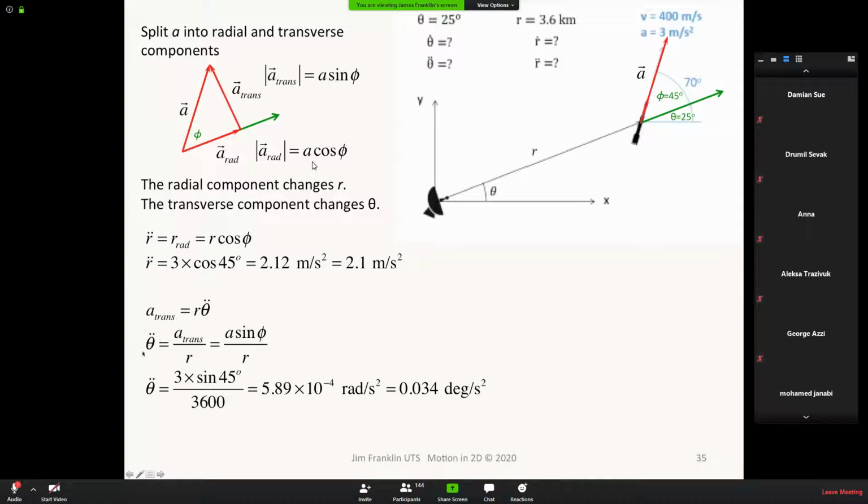So the angular acceleration is going to be the tangential acceleration divided by the radius of curvature. That'll be A. Let's see, it's this side of the triangle here. That side is A. This angle in here is phi. So this side of the triangle, the magnitude of the transverse acceleration, is going to be A sine phi.